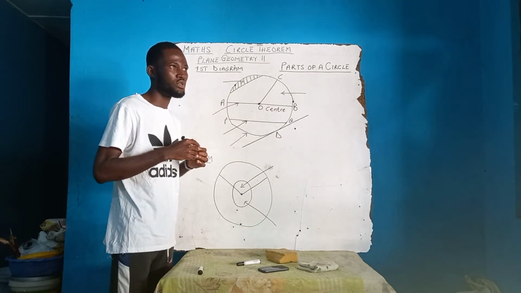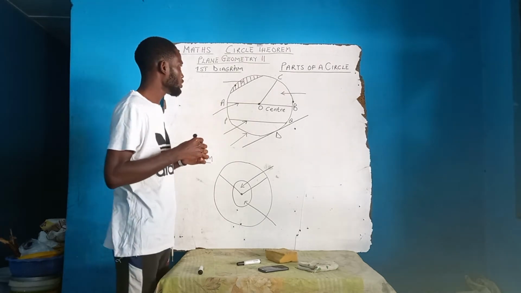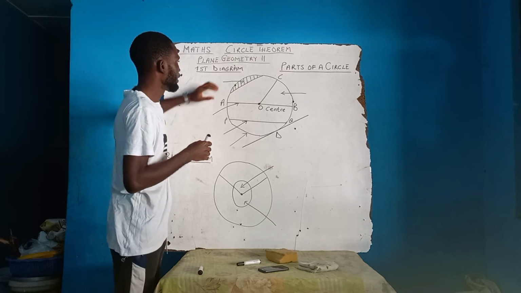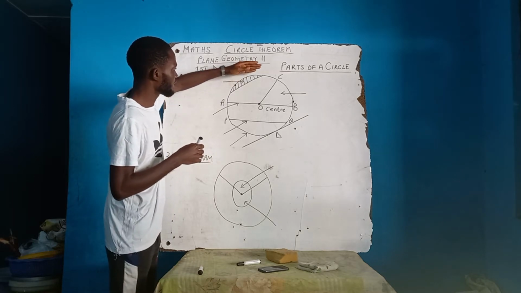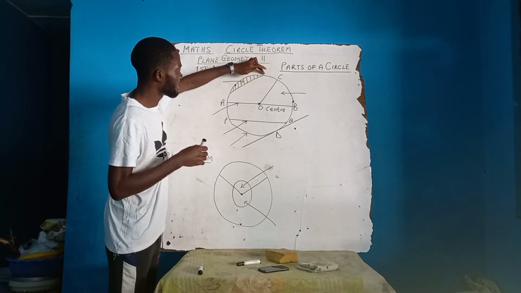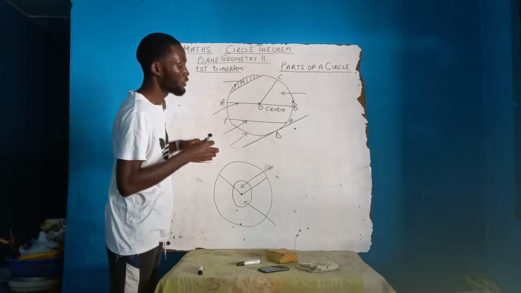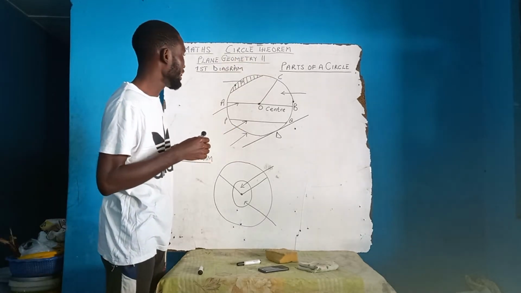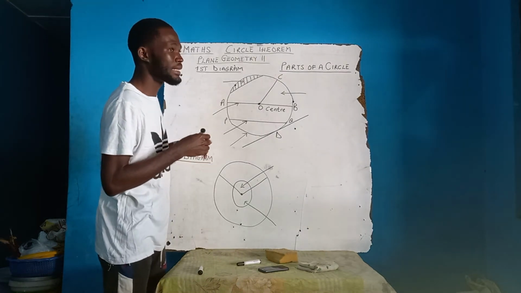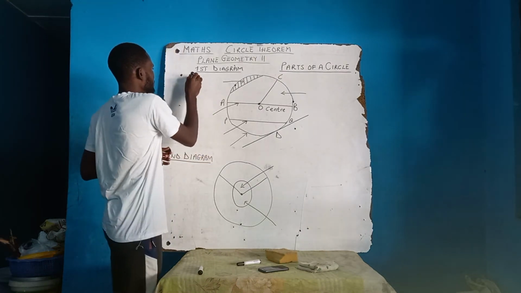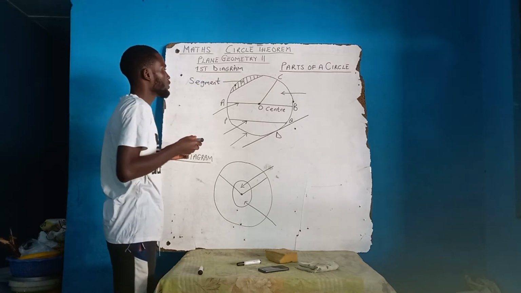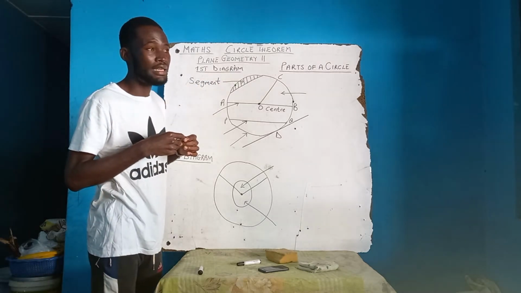Okay, so the initial part of the circle is targeting a line enclosed within a boundary of an arc on the circumference of the circle. So we term this part a segment.